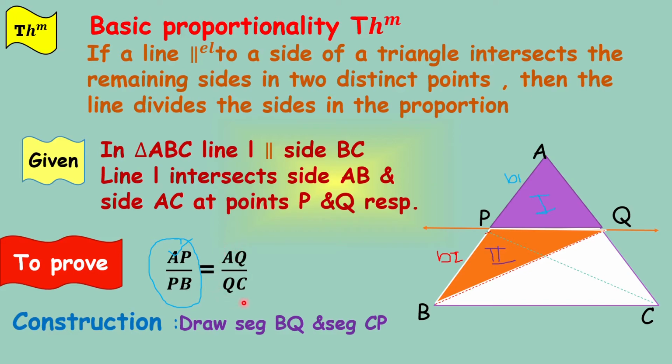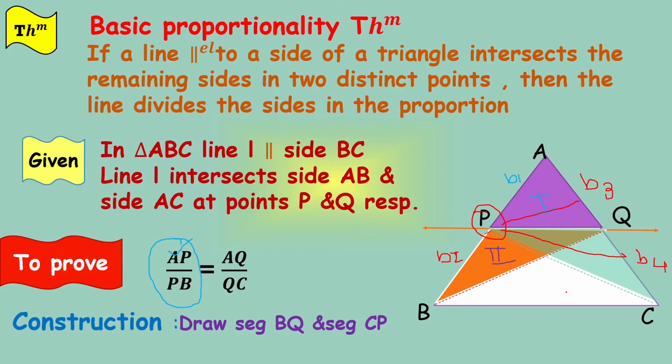Now we have to find out the ratio AQ upon QC. That means AQ is the side of first triangle, that means AQP. And QC is the side of this triangle PQC. And these two triangles have base AQ and base QC lying on the same line AC, and opposite vertex of both bases, P, is common.